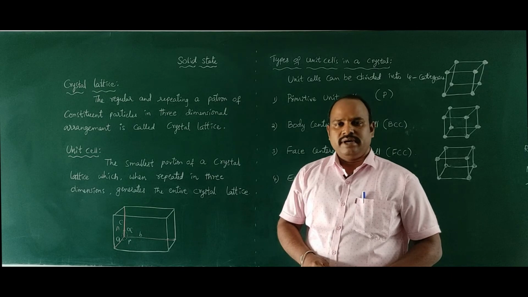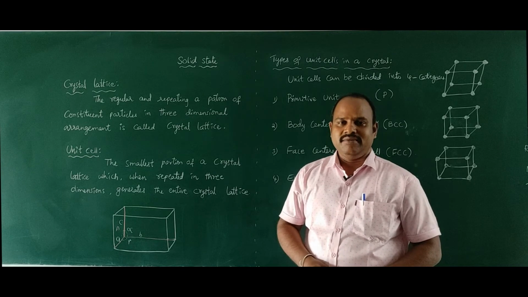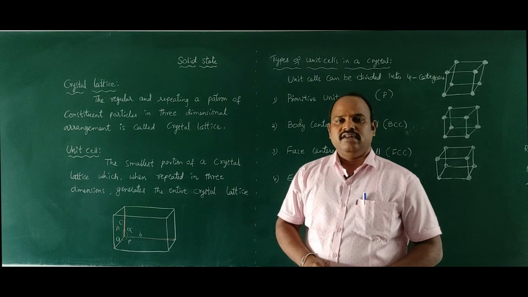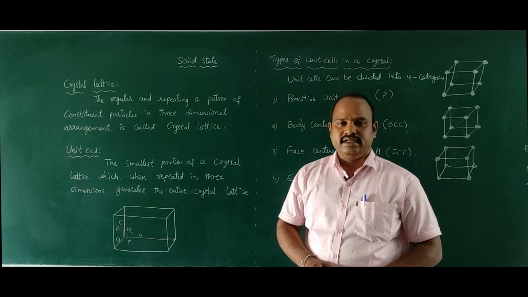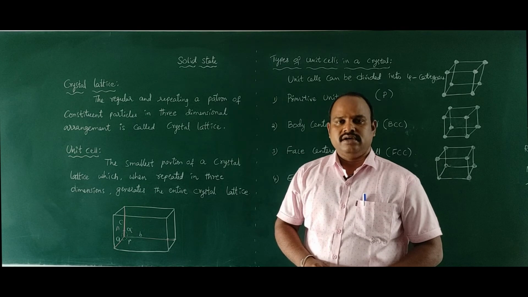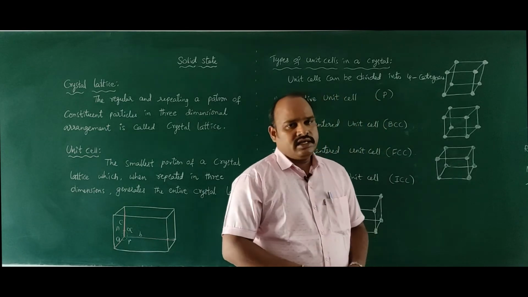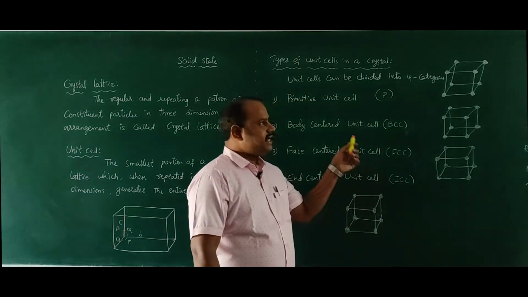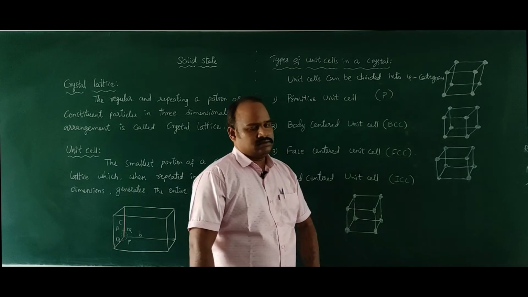Based on the parameters of the unit cell, the A, B, C edges and the alpha, beta, gamma angles, a number of unit cells are possible. Generally, unit cells can be divided into four categories.